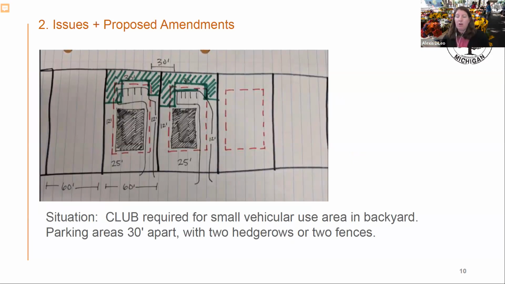Those same lots in our R4C visualization example, they'll still require a conflicting land use buffer in the rear for their parking lot. And so I've mapped out the situation. You'll see that the buffer is not required between the buildings, but we've got it towards the back of the property.